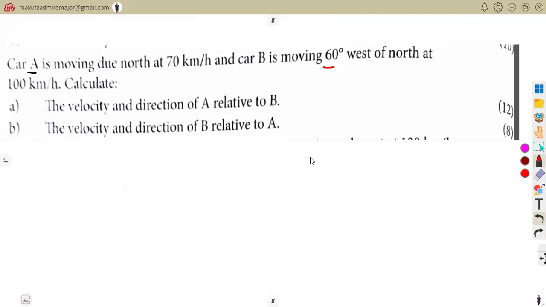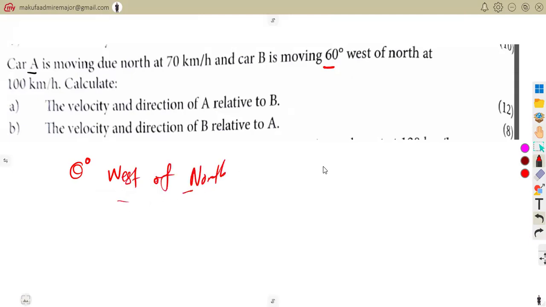Okay, we're going to use our Cartesian, our compass, sorry. It's going to be in the second quadrant, west. Like, let's say we are saying theta degrees west of north. What does it mean?